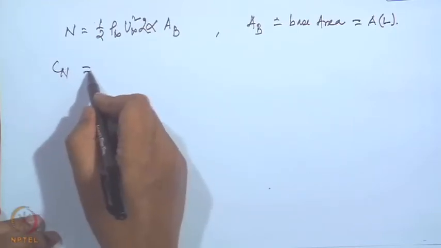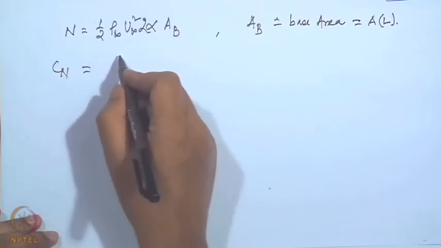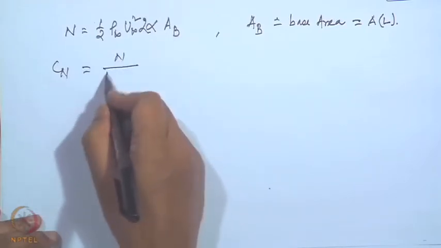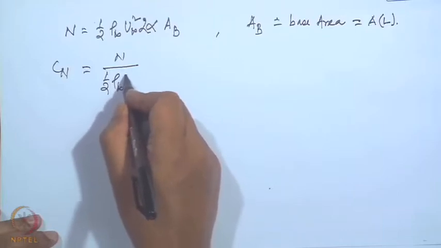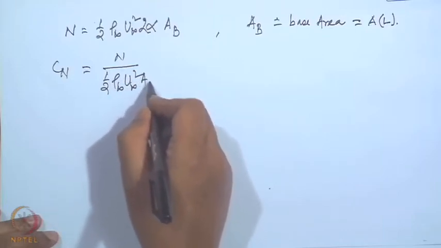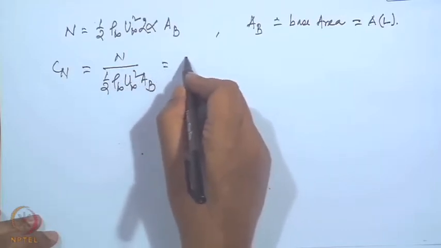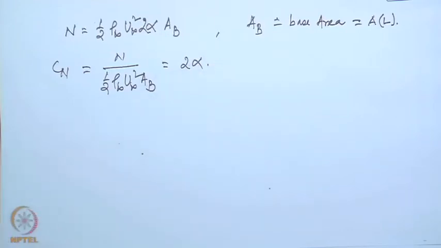We define a normal force component again based on the base area, so that C N equals half rho infinity u infinity square A B equal to 2 alpha.